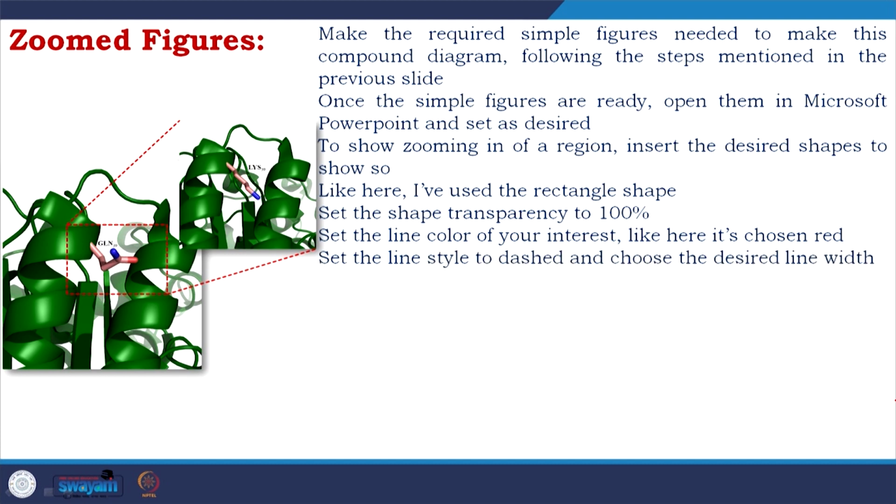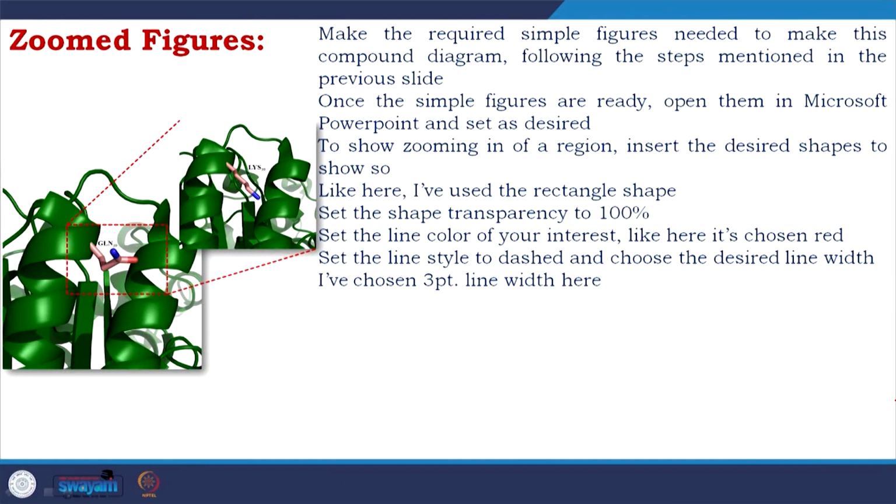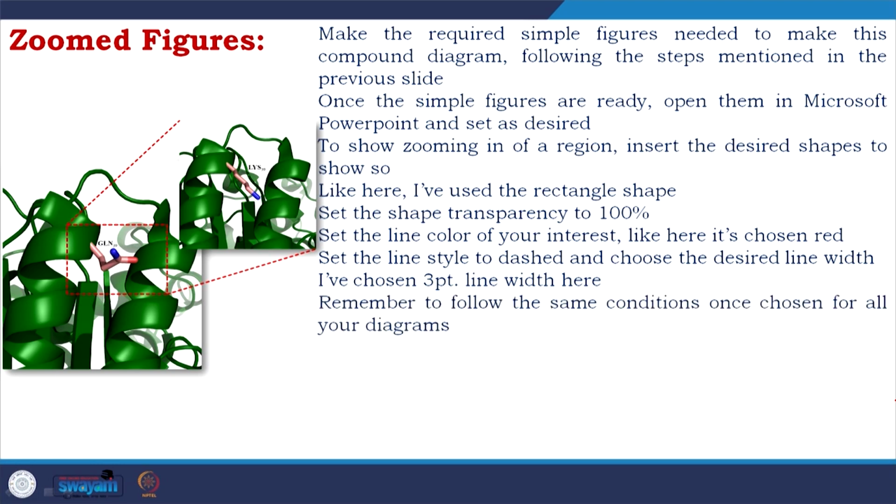Set the line style to dashed and choose the desired line width. So, these are all not needed scientifically, but by doing that carefully you will make a more attractive publication quality figure. We have chosen 3-point line width here.